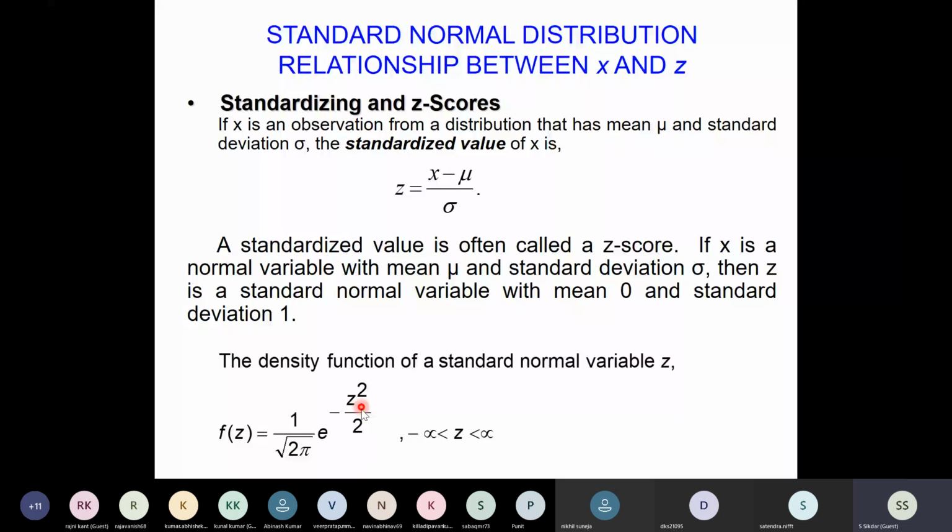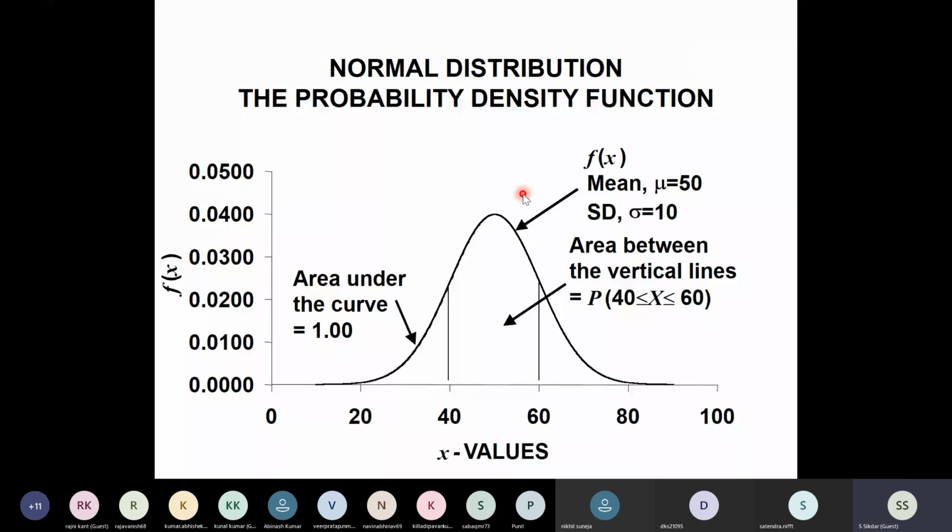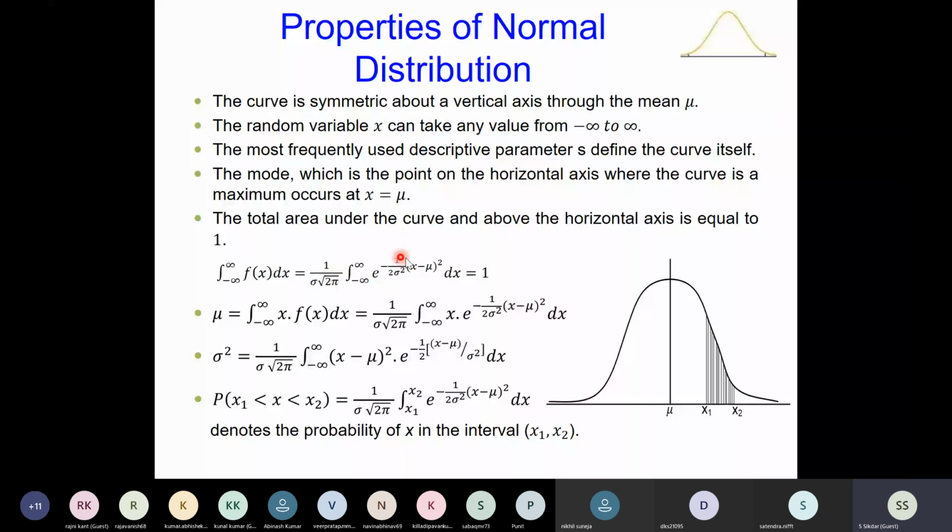So you put this value z into the previous equation, and then you come up with this value.